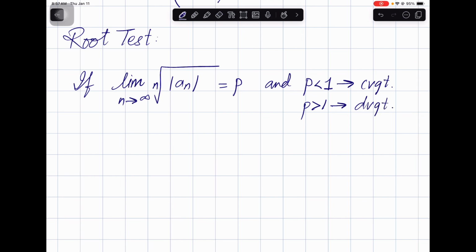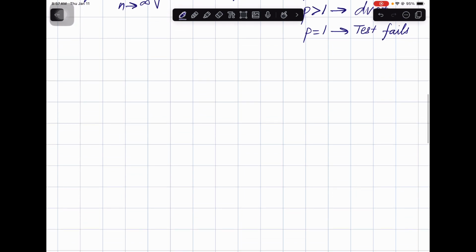If it is greater than 1, divergent. If it is equal to 1, then the test fails. We have no conclusion. So let's apply this for this question. It's a very easy one, just an example to get things started. So let's do it quickly.